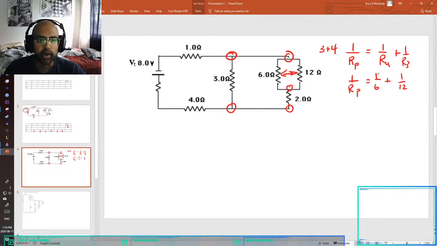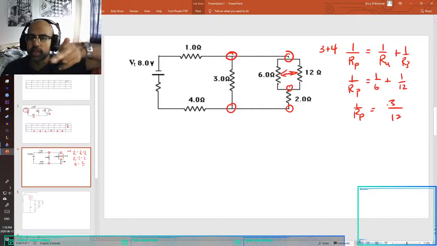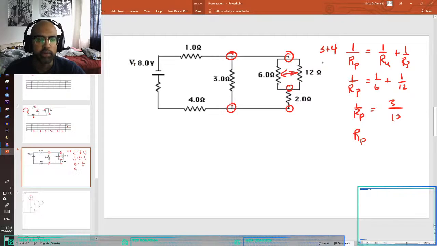If you add them up, that becomes 2 over 12 plus 1 over 12, which is 3 over 12. Now, remember, when we're working with parallel, we have to flip that fraction to get the total resistance. So R3 plus 4, in parallel, is equal to 12 divided by 3, which is 4 ohms.